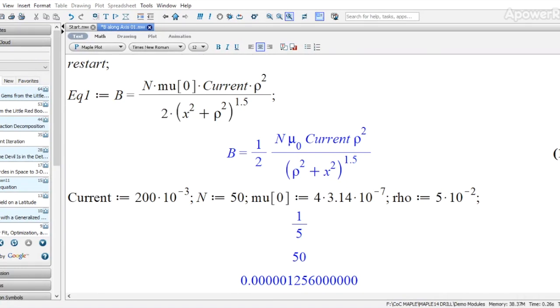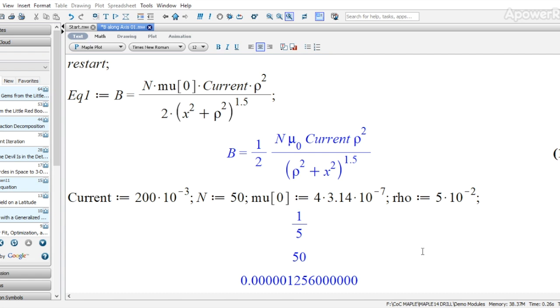Now friends, we have equation number 1 which appears on the screen, and this is outcome of application of Biot-Savart's law. N is the number of turns of the coil, mu0 is permeability for free space, current we are having notation current only, rho is the radius of the coil, and x is the distance along axis of the coil where the origin of the coordinate system lies at the center point of the coil.